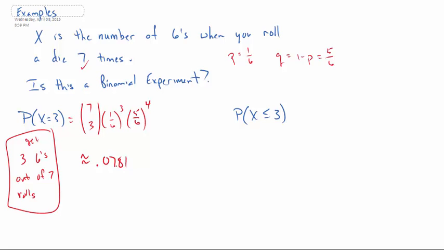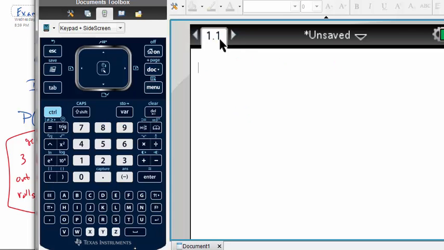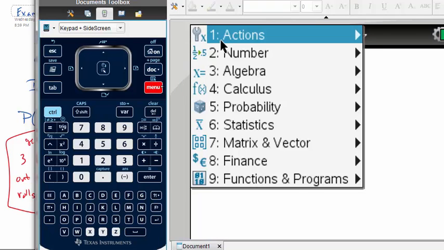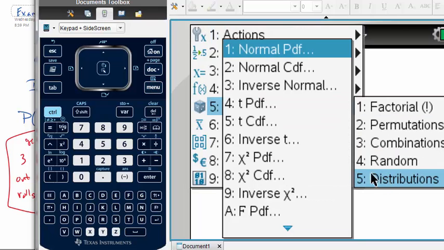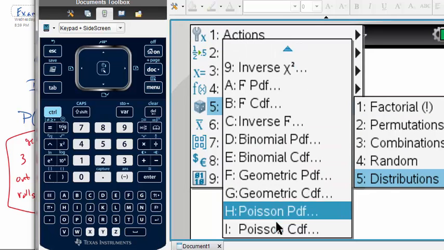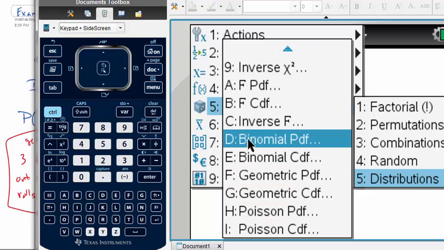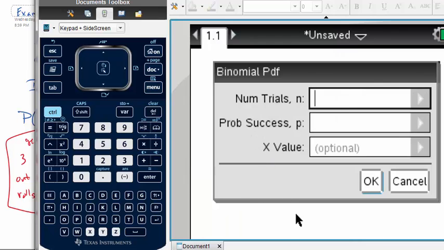Now, guess what, guys? We can do these sorts of things in our graphing calculator. What we're going to do, go into Menu, Probability, Distributions, and we're going to go down and find binomial probability density function. Number of trials.